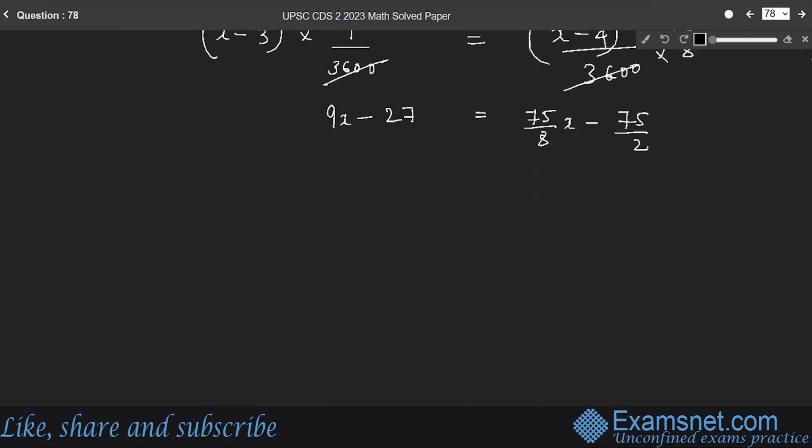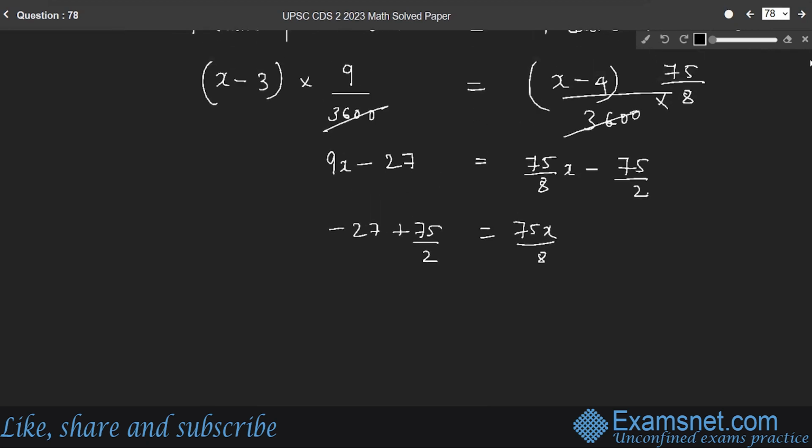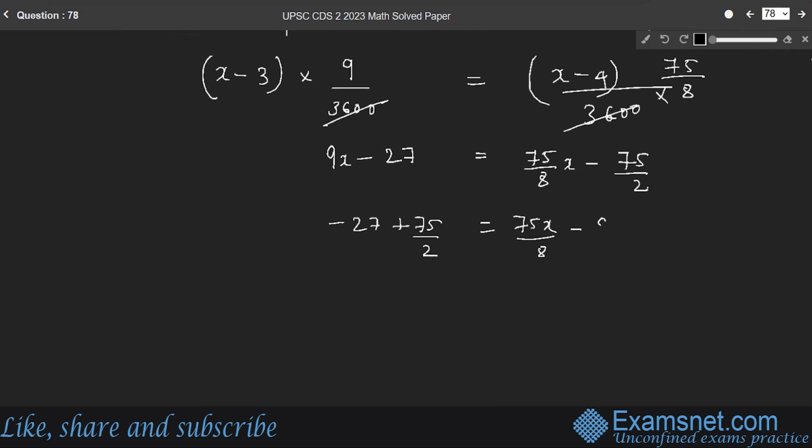Just rearrange the terms: minus 27 plus 75 by 2 is equal to 75x by 8 minus 9x. So 27 into 2 is 54, and 75 minus 54 gives 21 by 2.